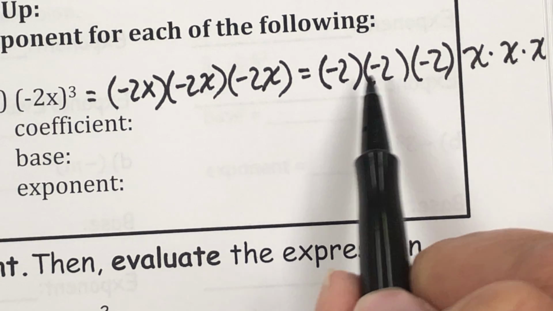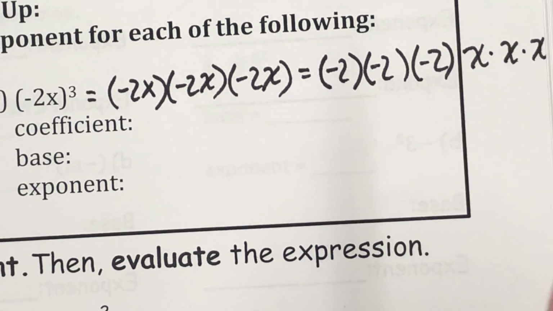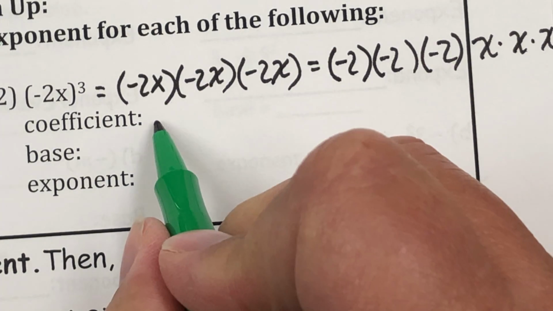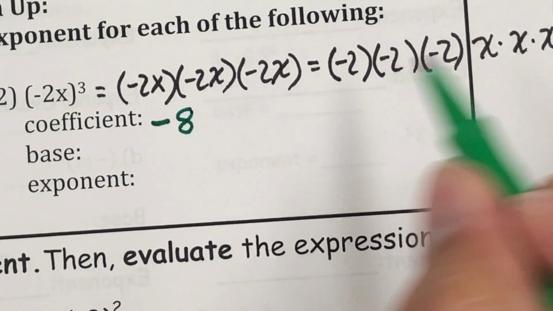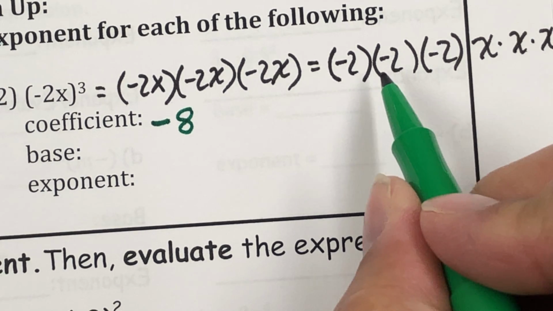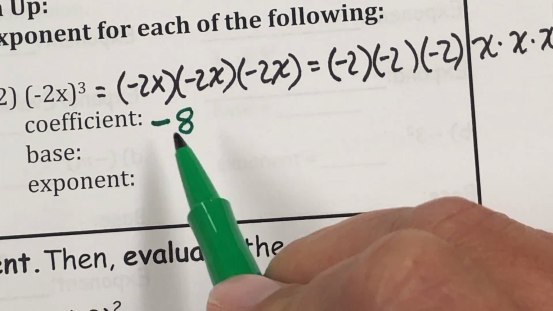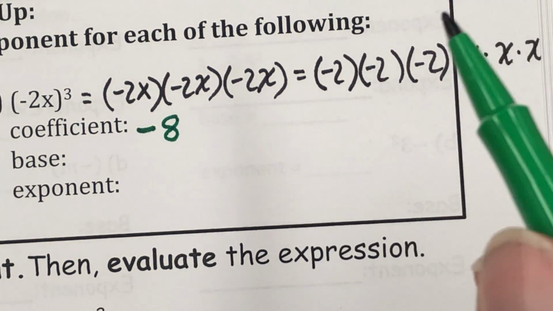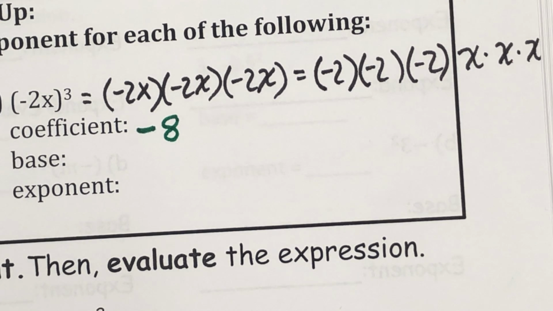Now, -2 times -2 times -2, that's -8. That's going to be my coefficient. Because remember, -2 times -2 is +4. +4 times -2 is -8. You can do it on a calculator if you feel you must, but trust me, that's what it is. And now I still have x, x, x.